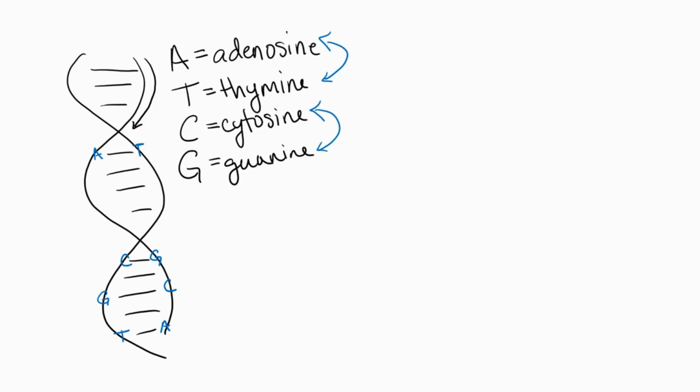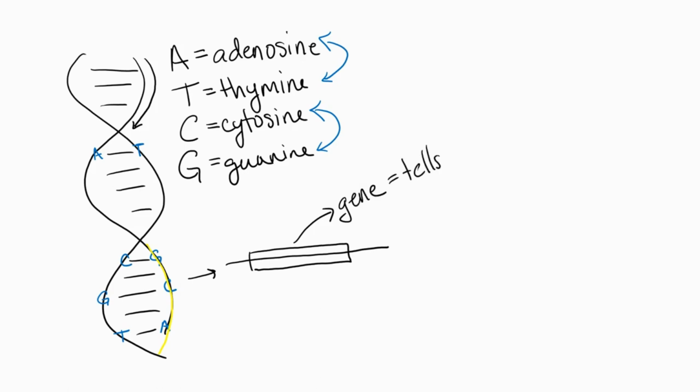If we were to zoom in on a section of our DNA strand, we would be able to see a stretch of DNA, and then in that stretch there would be a section that would be coding for proteins, and that is called the gene. So the gene tells us how to make proteins. And that is the key around genes that we're really focusing on.